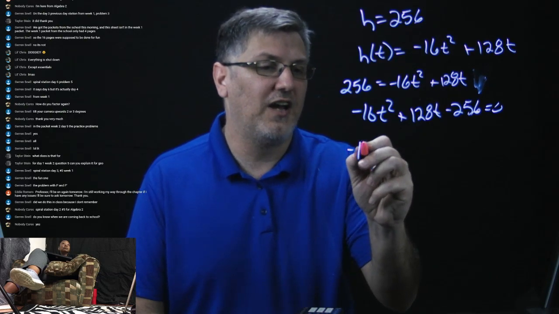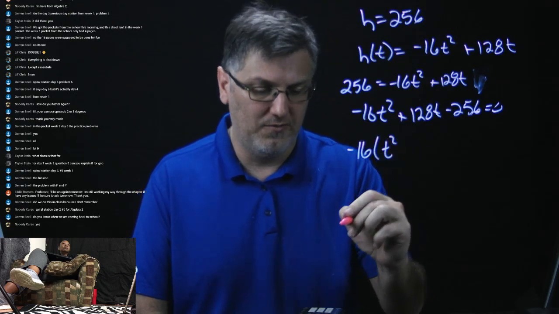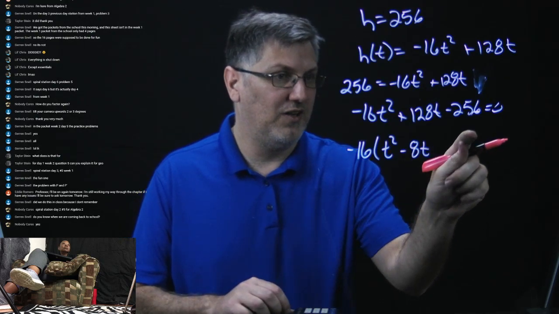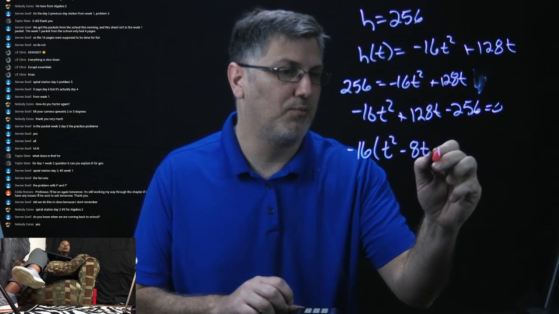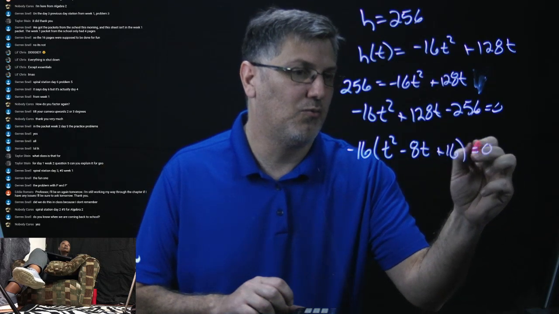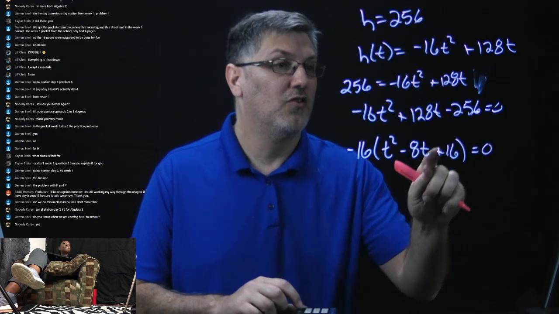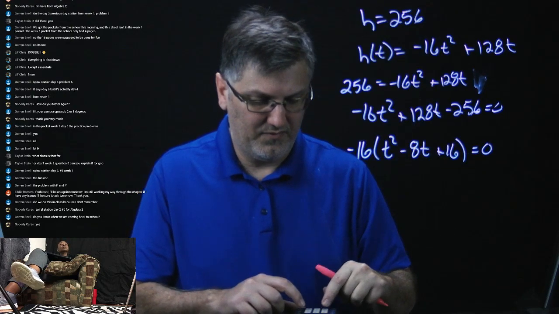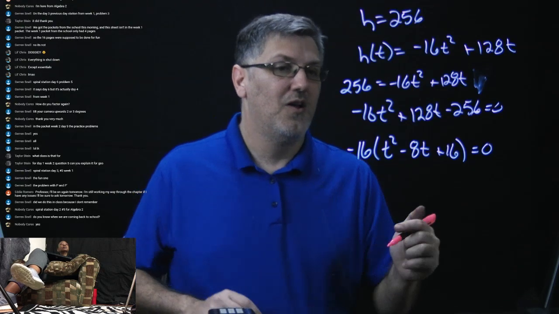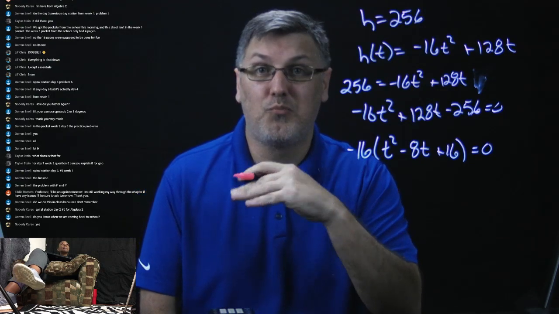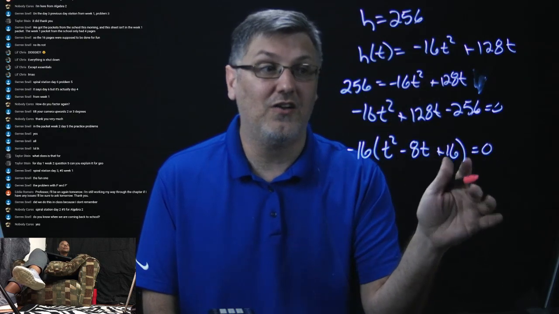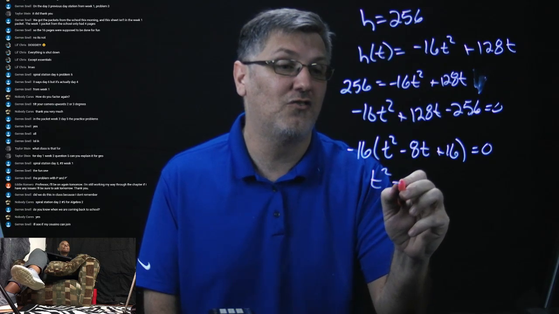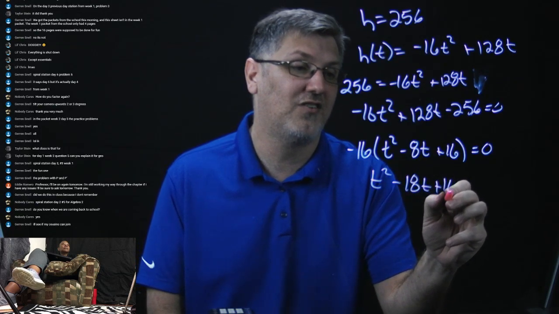So I'm going to factor out a negative 16, and that's going to give me t squared minus 8t, and then this should be plus 16 equals 0. Negative and a negative. Yep. Watch your signs. Now from here, this 16 is pointless because I can divide both sides by negative 16, and I'm going to get 0 divided by negative 16, which is 0. So you can rewrite this just as t squared minus 8t plus 16 equals 0.